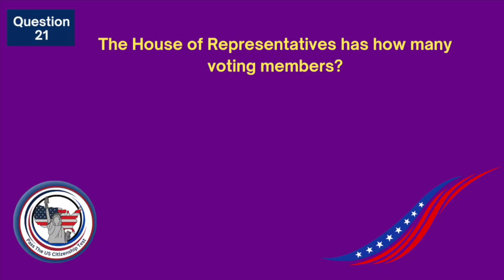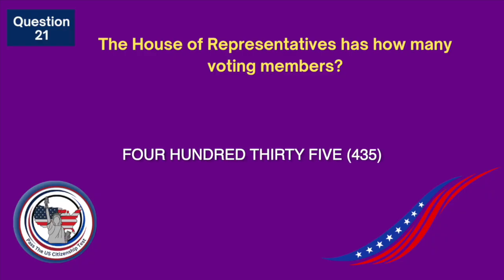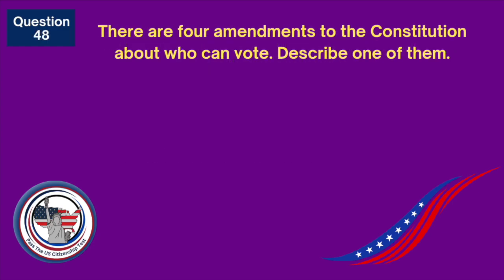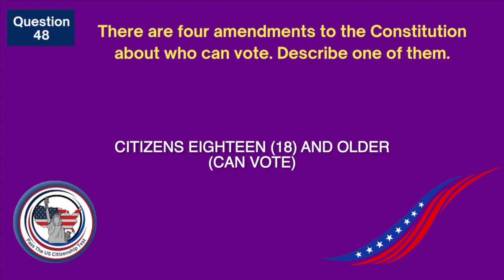The House of Representatives has how many voting members? 435. There are 4 amendments to the Constitution about who can vote. Describe one of them. Citizens 18 and older can vote.